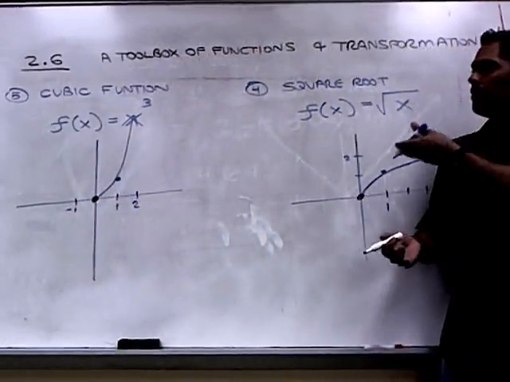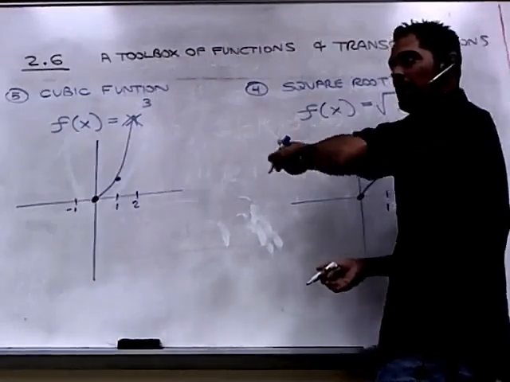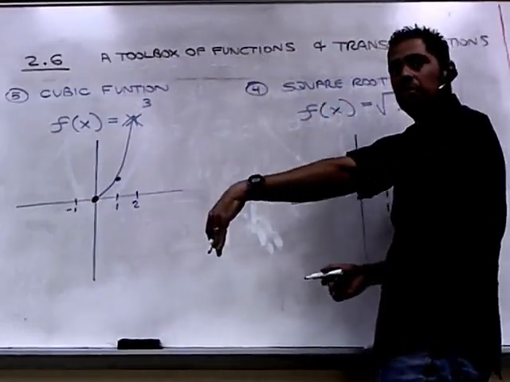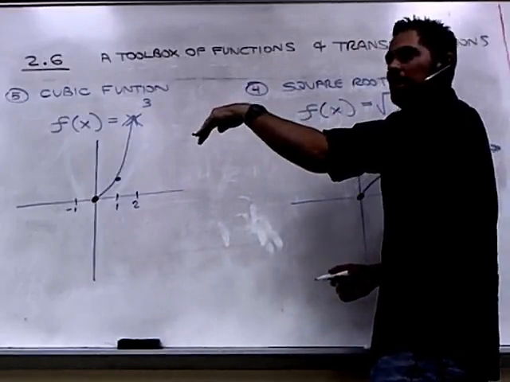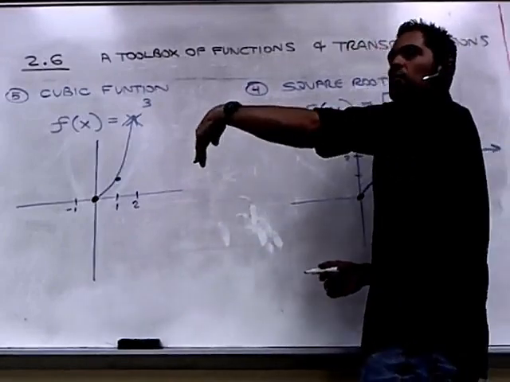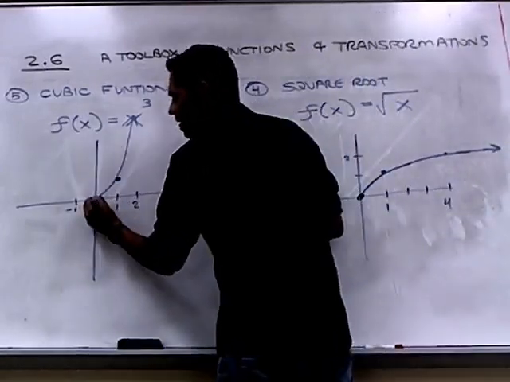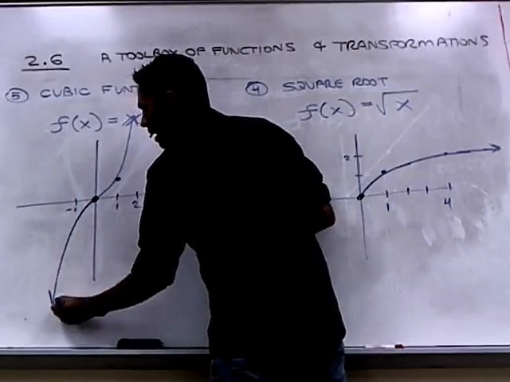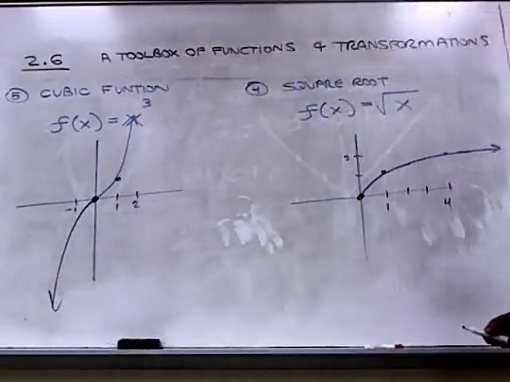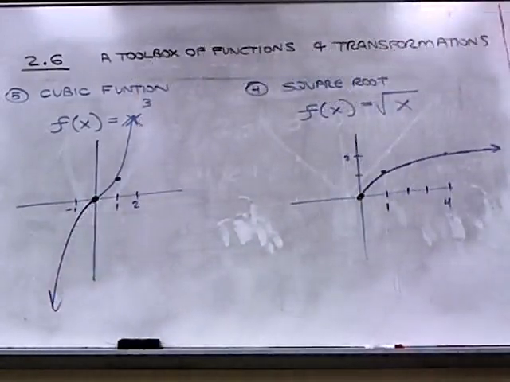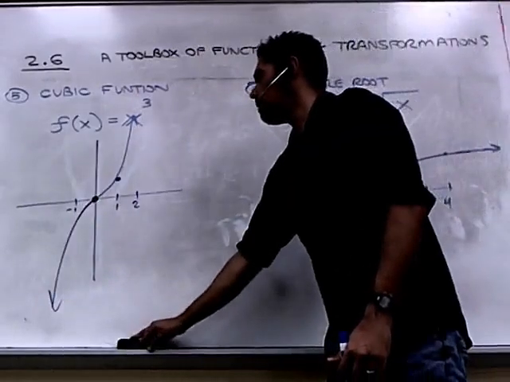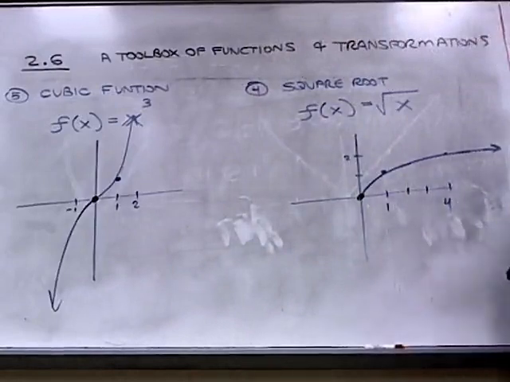So instead of being like the squaring where it comes up on this side, it's actually going to stay going down. Negative 2 cubed would be negative 8. Negative 3 cubed would be negative 27. So it's going to dive down this way really quickly like that. That's our cubing or cubic function. Last one.